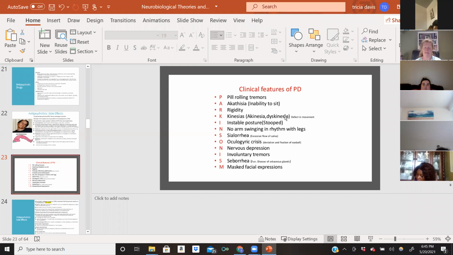That's where you have the deviation and the fixation of the eyeballs. They roll back in the head, nervous depression, involuntary tremors, seborrhea, where you have an issue with your sebaceous glands, and then they're going to have those masked facial expressions.